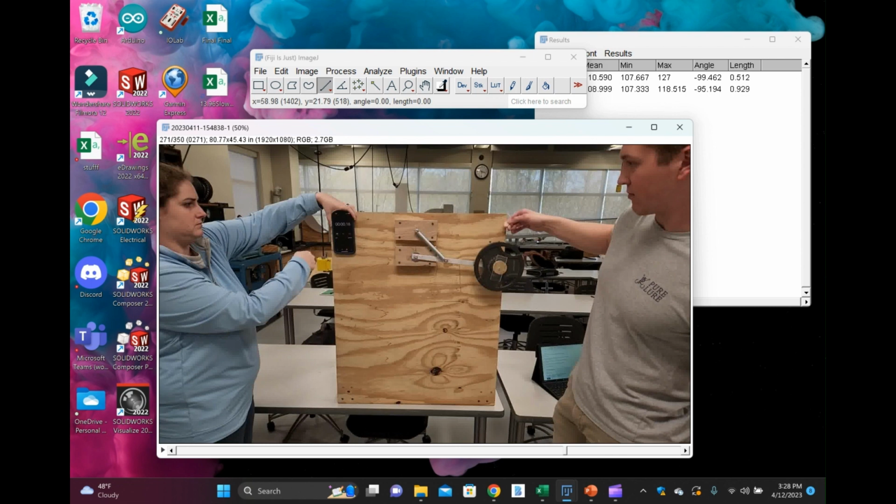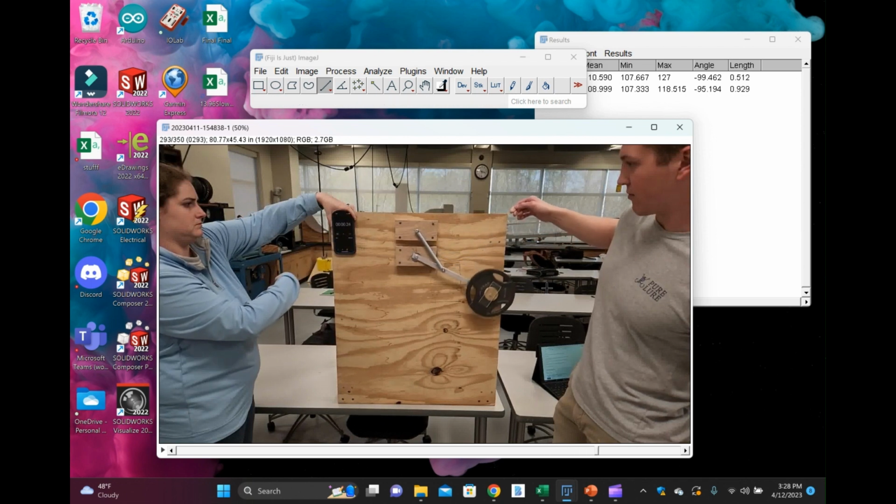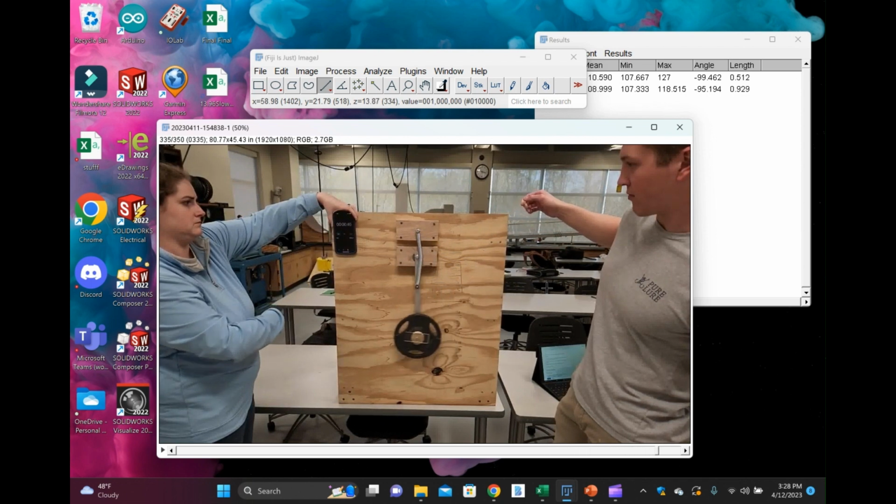So we know that up here at 255, we have a time of 0.11 seconds, and at the very bottom at 90 degrees, 335, we have 0.5 seconds. So the weight is moving for a total of 0.34 seconds. And what we're going to do is take an average time.